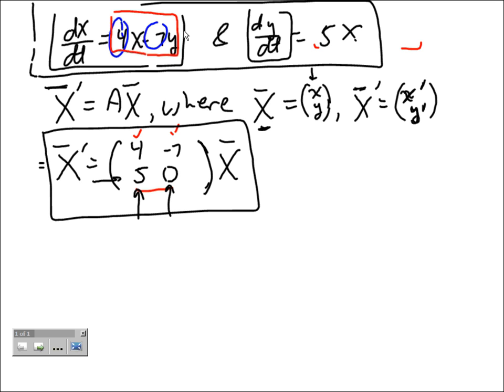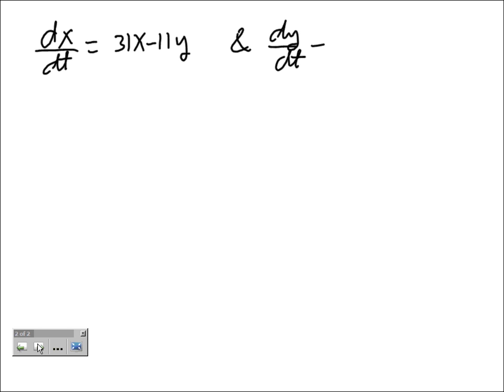Let's try another one. Suppose you came to know that dx/dt is 31x minus 11y, and dy/dt is 2x minus 4y. Well, then x bar prime is equal to the matrix with 31, negative 11 on the first row, x's and then y's.